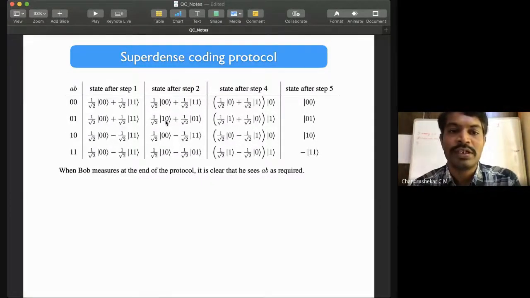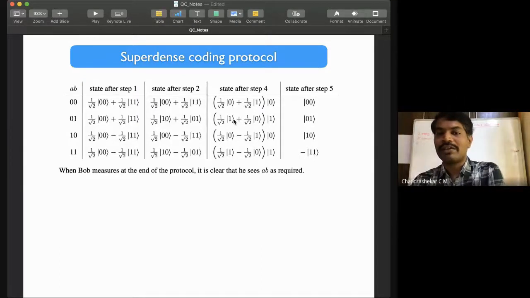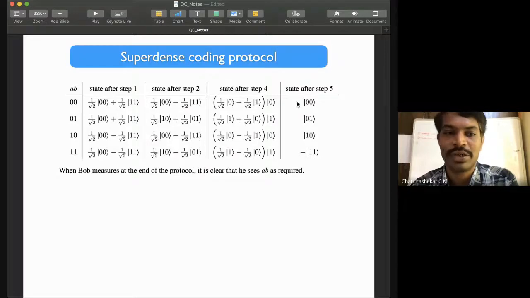So doing control NOT on this, 0 becomes 1, 1, and 0, 1 remains 0, 1. It does not flip. So you will get 1, 1 and 0, 1. Now Bob only does the Hadamard operator on the qubit which Alice has sent. The output will be 0, 1. So similarly, if you just follow the 4 steps, you are getting this output.